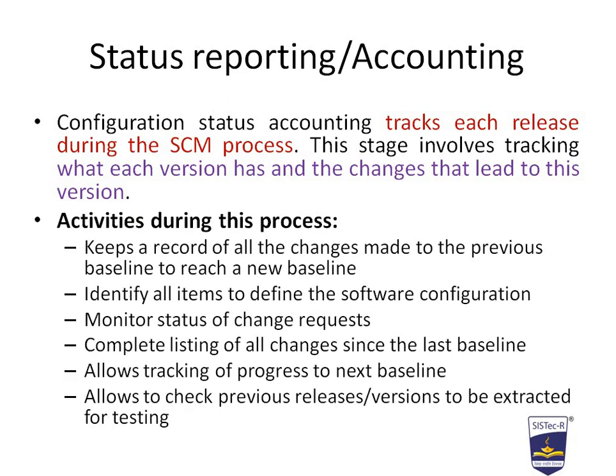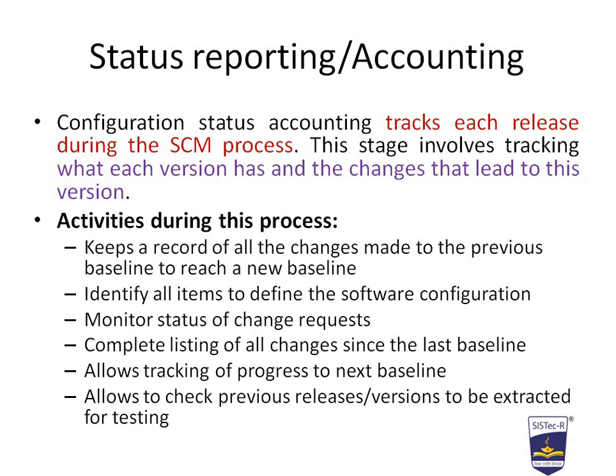Activities during this process: keeps a record of all the changes made to the previous baseline to reach a new baseline, identify all items to define the software configuration, monitor status of change requests, complete listing of all changes since the last baseline, allows tracking of progress to the next baseline, allows previous release versions to be extracted for testing.